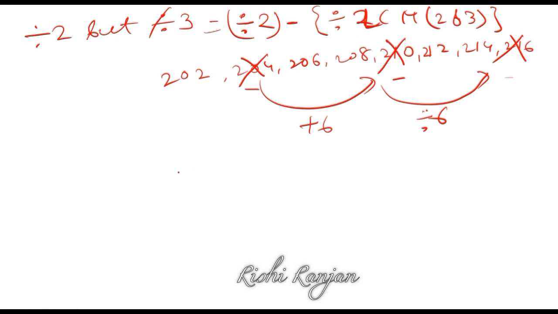Subtract that and we get the answer. So here the numbers divisible by 2 was 49 minus the numbers divisible by 2 and 3, both of them, are 16. So answer is 33. There will be 33 numbers which are divisible by 2 but not divisible by 3.